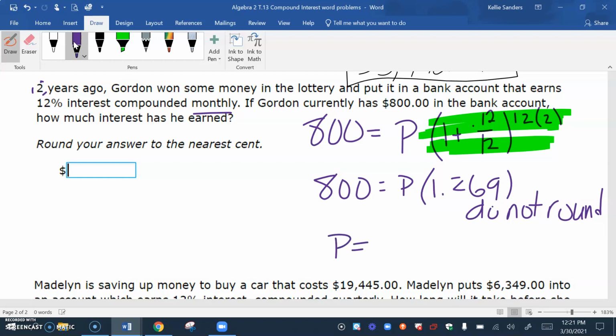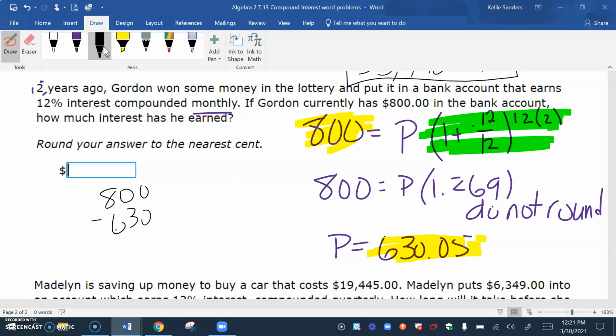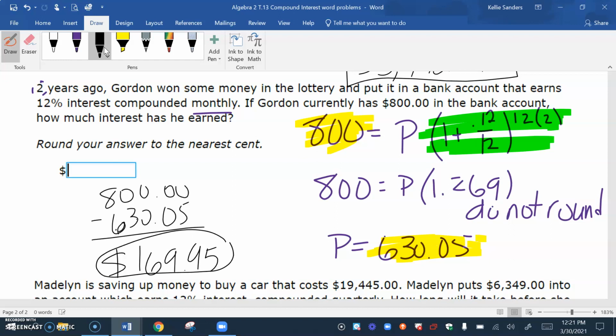P stands for how much you put in to begin with: 630.05. This is what he started off with. This is what he has now. So to figure out how much interest, 800 minus 630.05. He has earned $169.95 in 2 years.